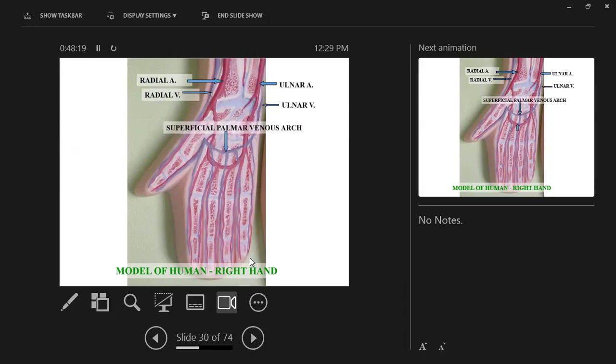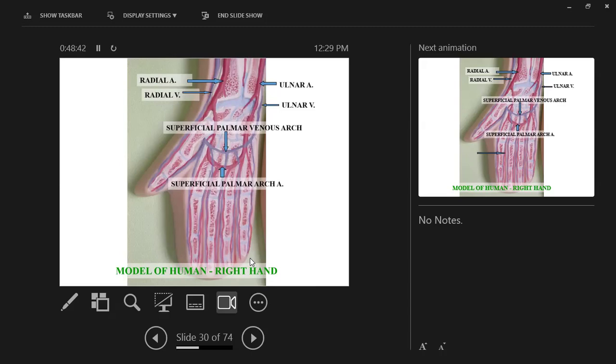we have a loop here called the superficial palmar venous arch. Palmar arch is fine. The venous palmar arch, whatever. It makes this loop. We have a corresponding name for the artery below it. That is the superficial palmar arch artery.